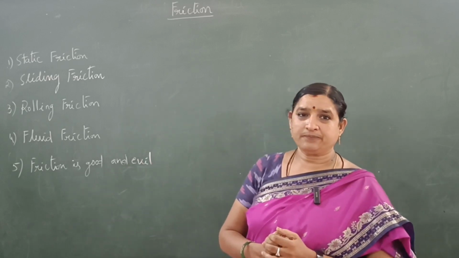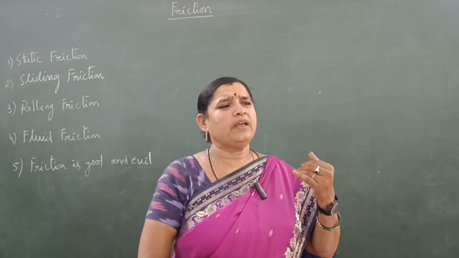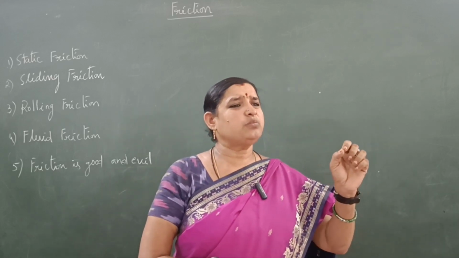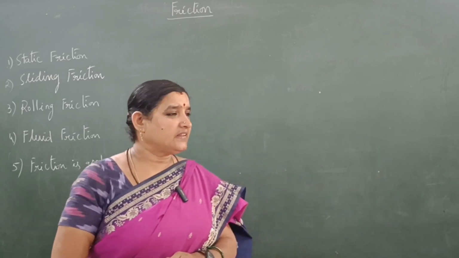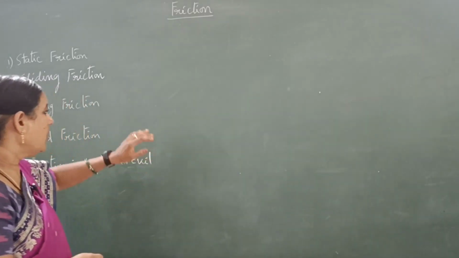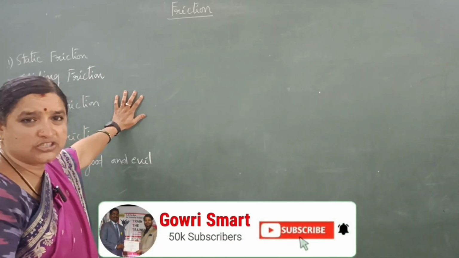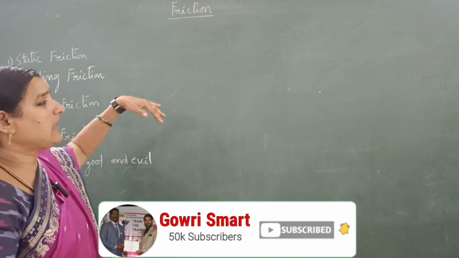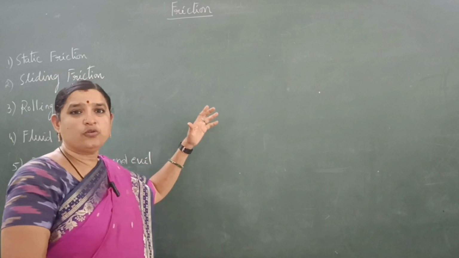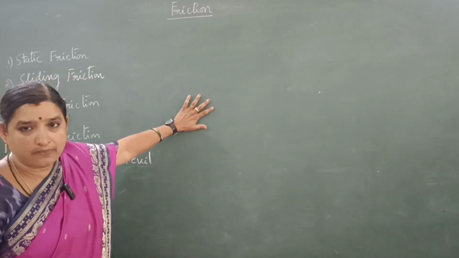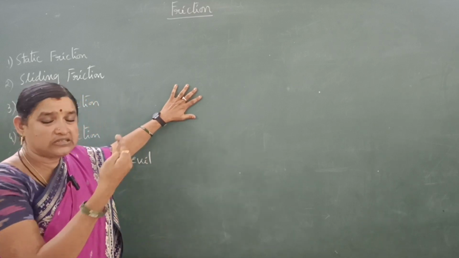and fluid friction. What is static friction? However much force we apply, if there is no change in the position of the object, then we can say that is static friction. Suppose however much force I apply on this board, there is no change in the position of the board. With the same magnitude of force, in the opposite direction, my palm is pushed by the board.